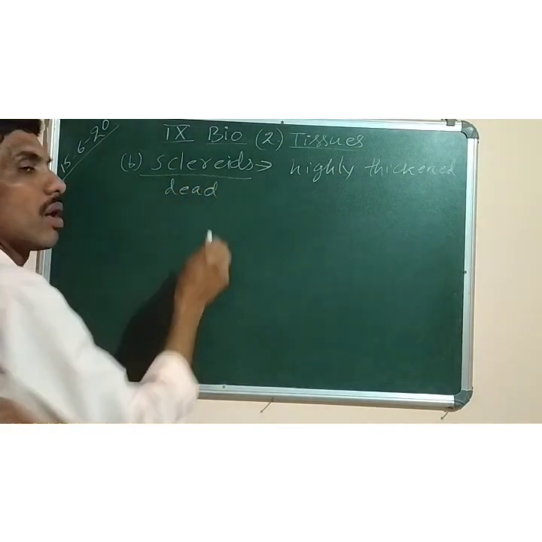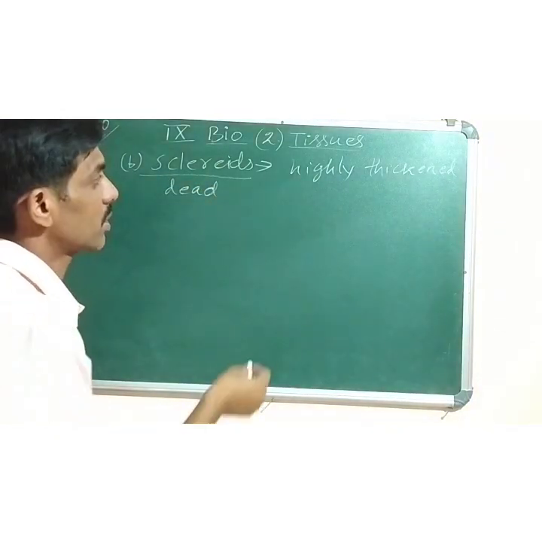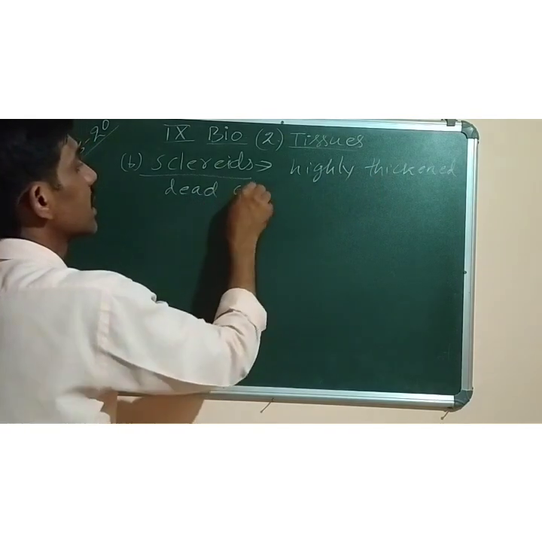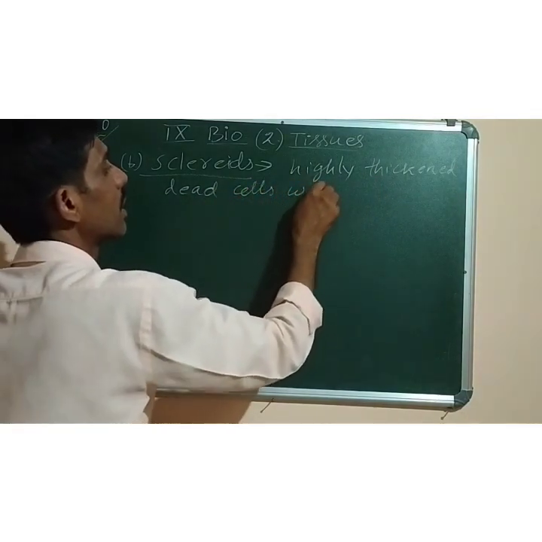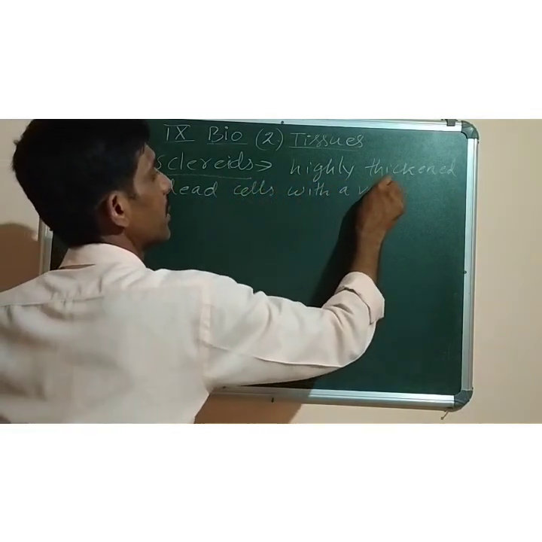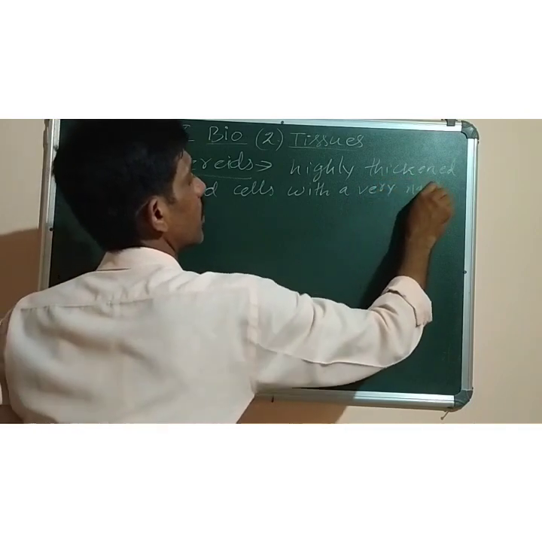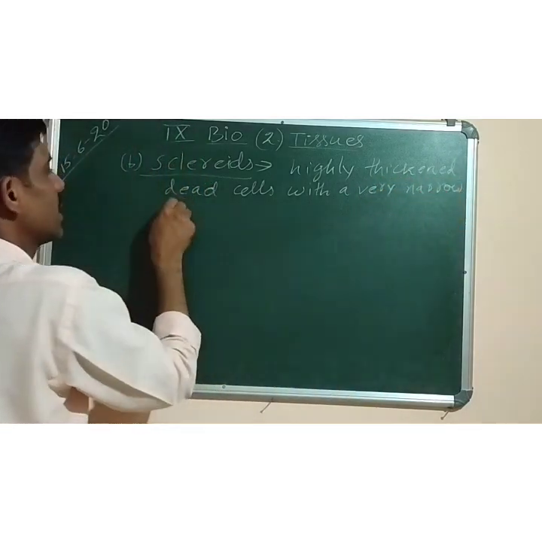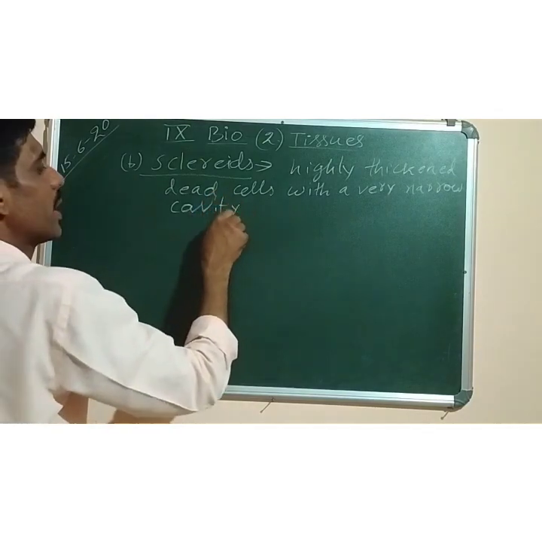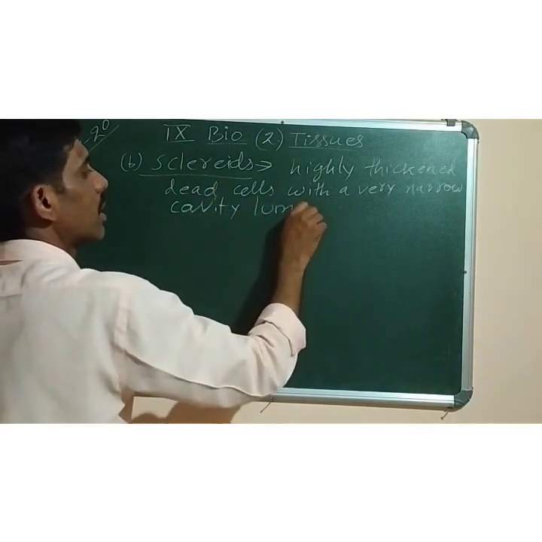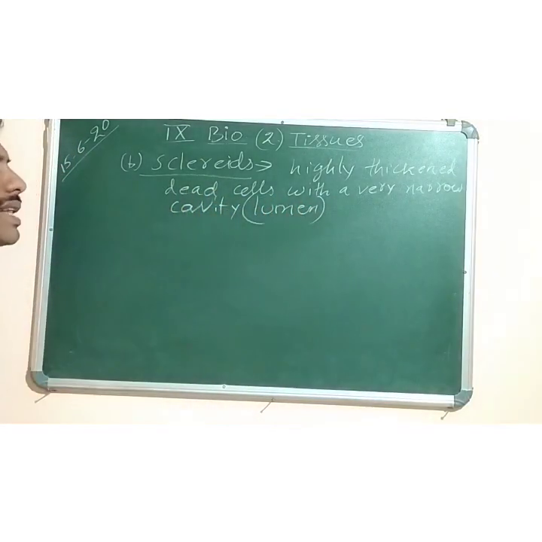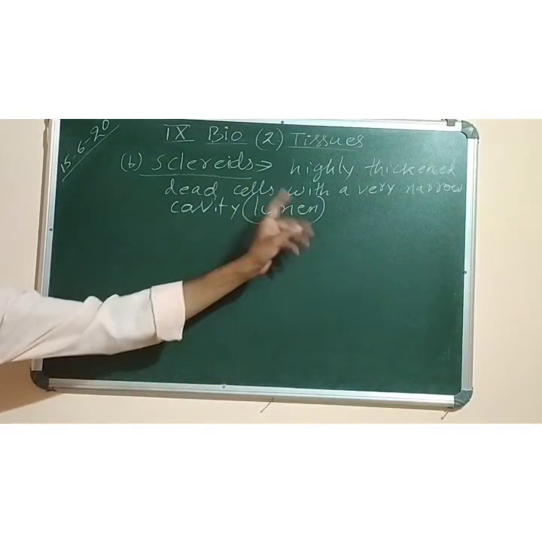All this sclerenchyma tissue is made up of dead cells only. So highly thickened dead cells with a very narrow cavity, and the cavity of the cells is known as lumen.